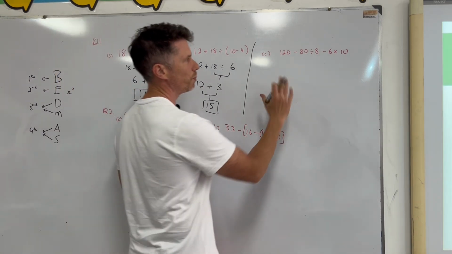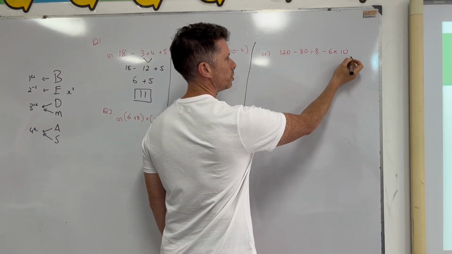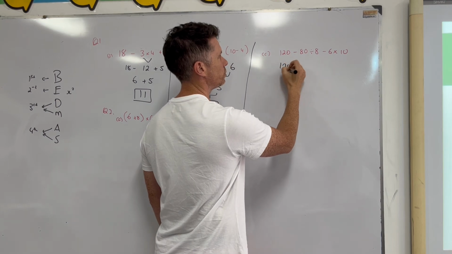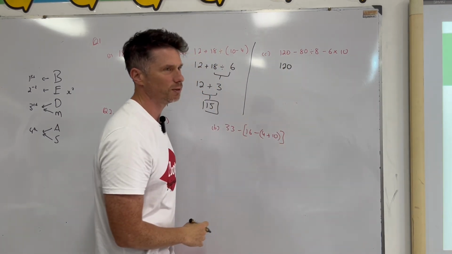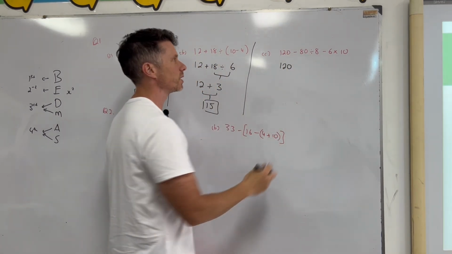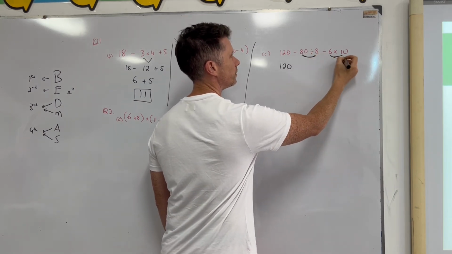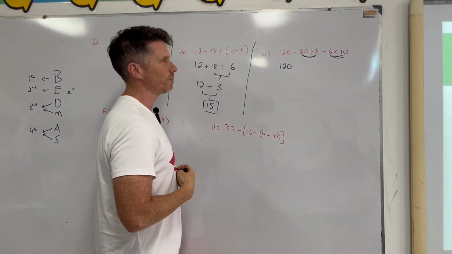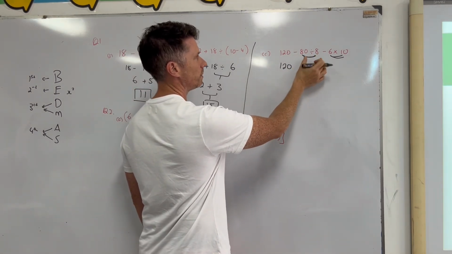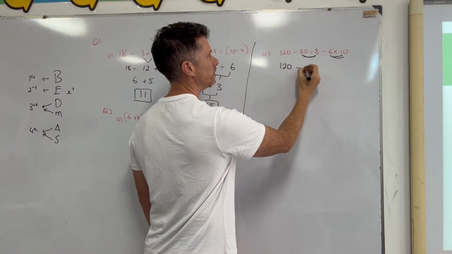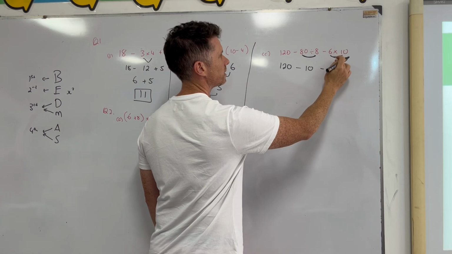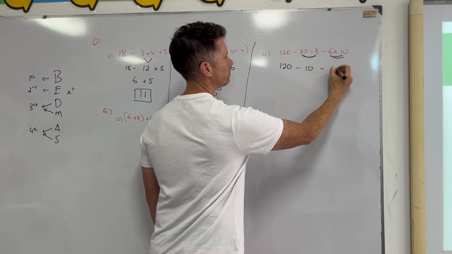This one, no brackets. There is a division and a multiplication. I'll do the division first. I do not do 120 take away 80 first, like a lot of us did, because I have to deal with division first. There's a value for this and a value for this. 80 divided by 8. It's not 40 divided by 8. It's 80 divided by 8, which gives 10. And 6 multiplied by 10, which gives 60.